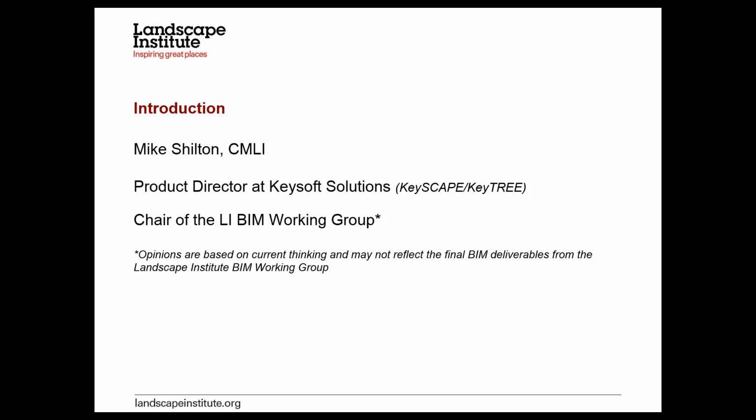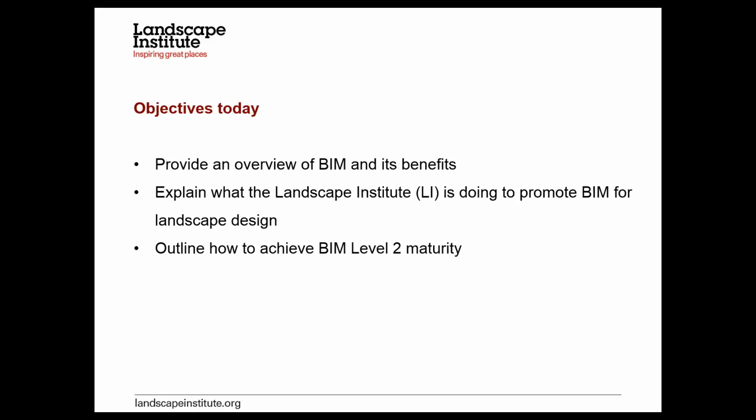What I'm covering today, obviously, BIM is an emerging technology, it's an emerging process. Things I'm talking about today may change over time, so they don't necessarily reflect what will happen over time, but it's the best snapshot that we've got of BIM today. So what are the objectives today?